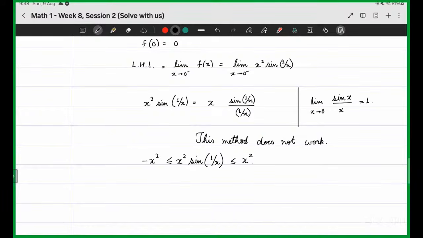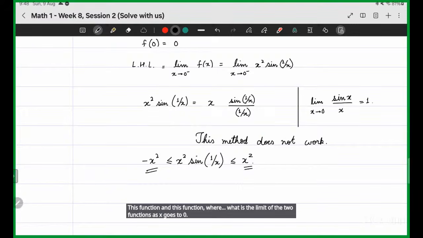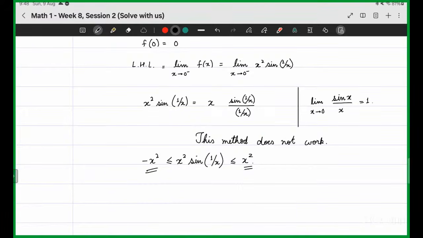Where do they tend to as x approaches 0? This function and this function, what is the limit of the two functions as x goes to 0? I think that is 0. Yeah, both of them are going to 0.